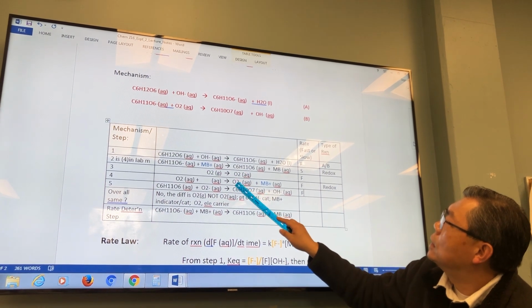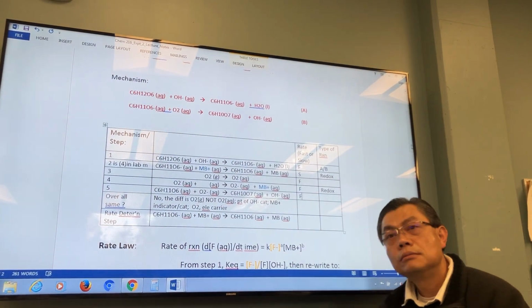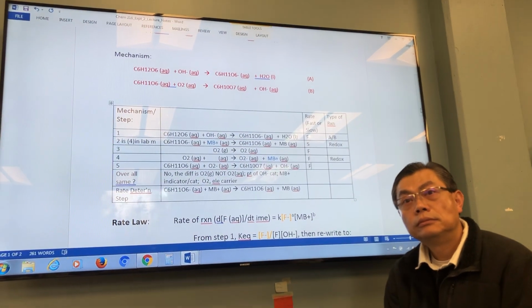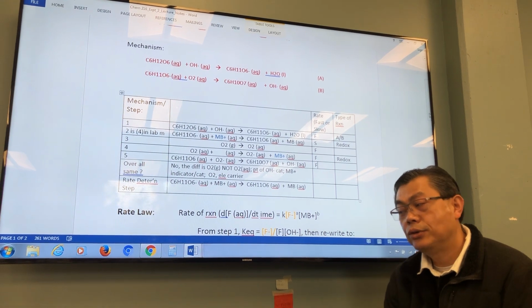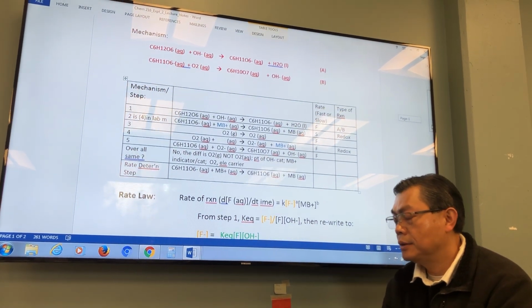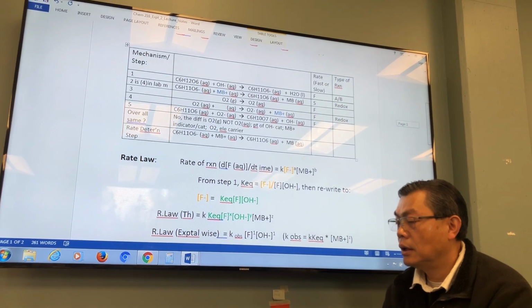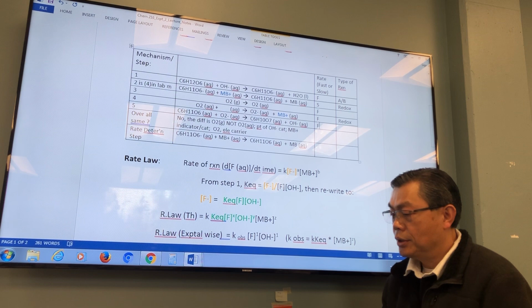You see? So you're carrying the electron. This is like carrying the electricity. All right, so I think I answered all the questions.